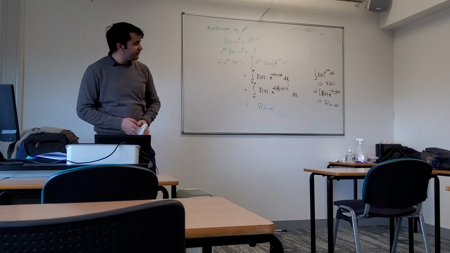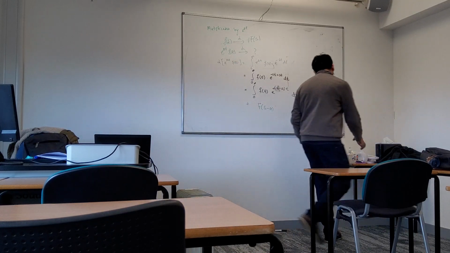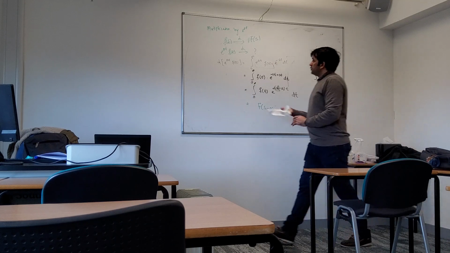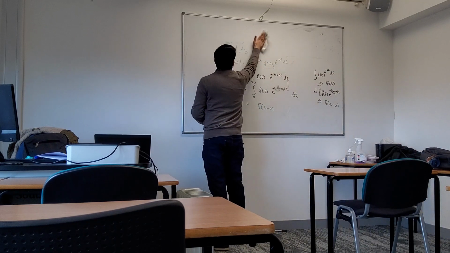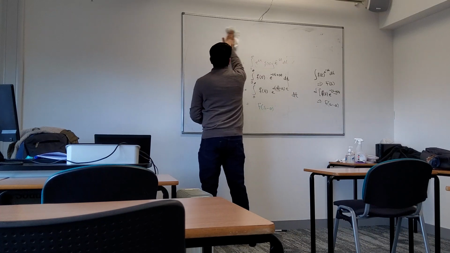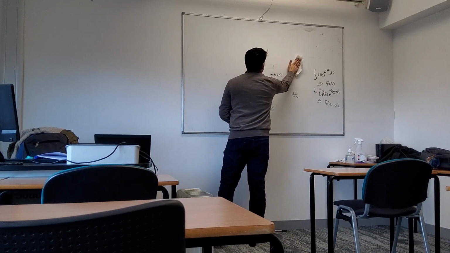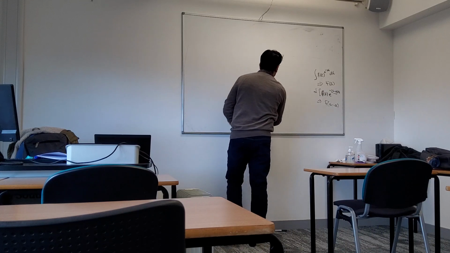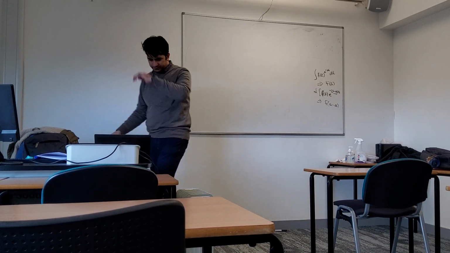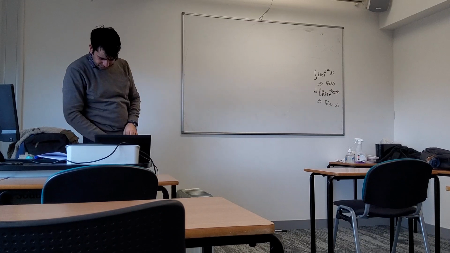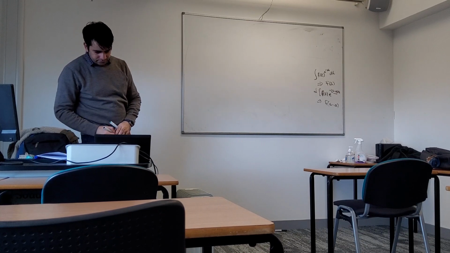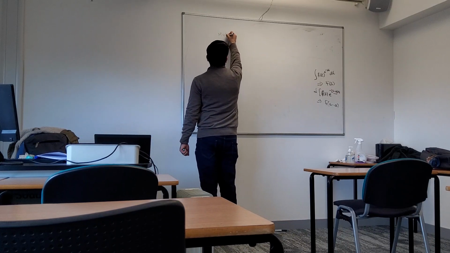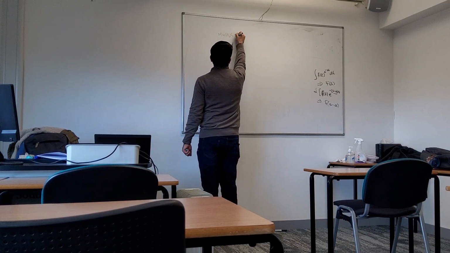One last property, and then we will do some examples. Then is multiplication by t.